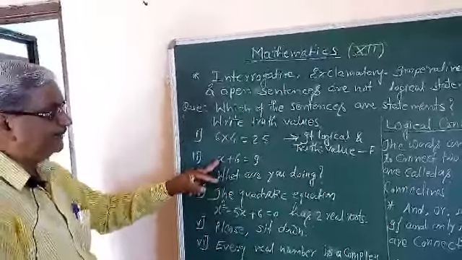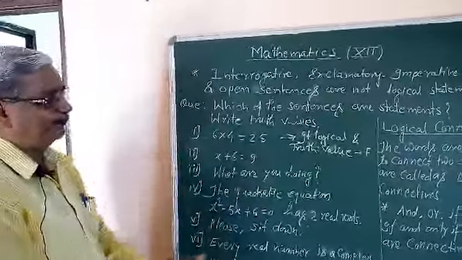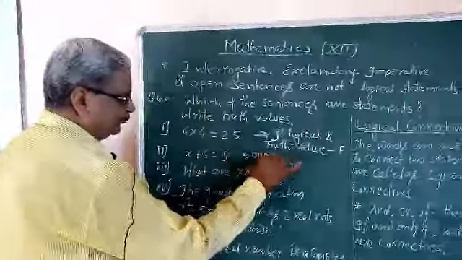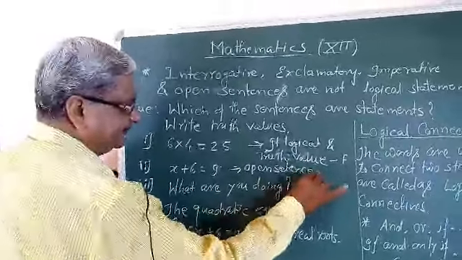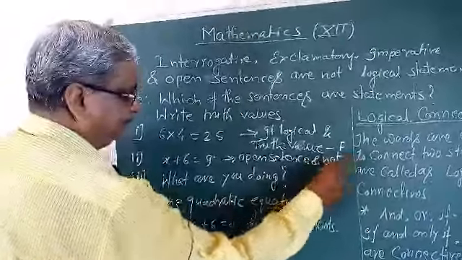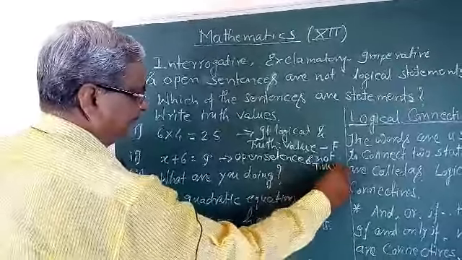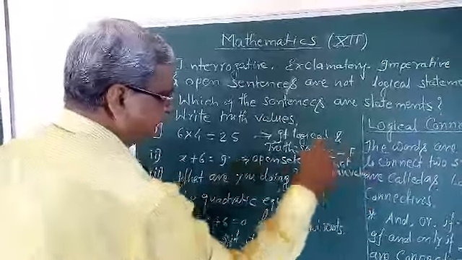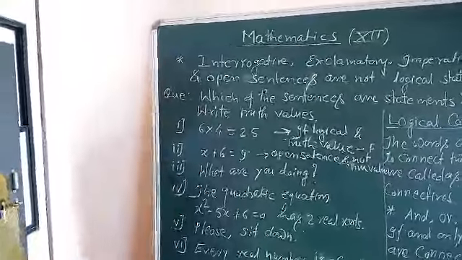So for all values of x, this equation is open, and therefore we can say that it is an open sentence, and it has no truth value. This is to be remembered: any open sentence has no truth value.